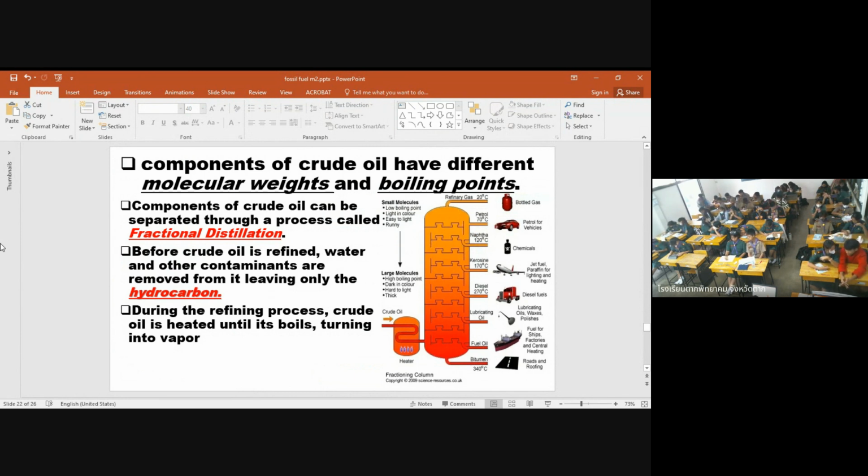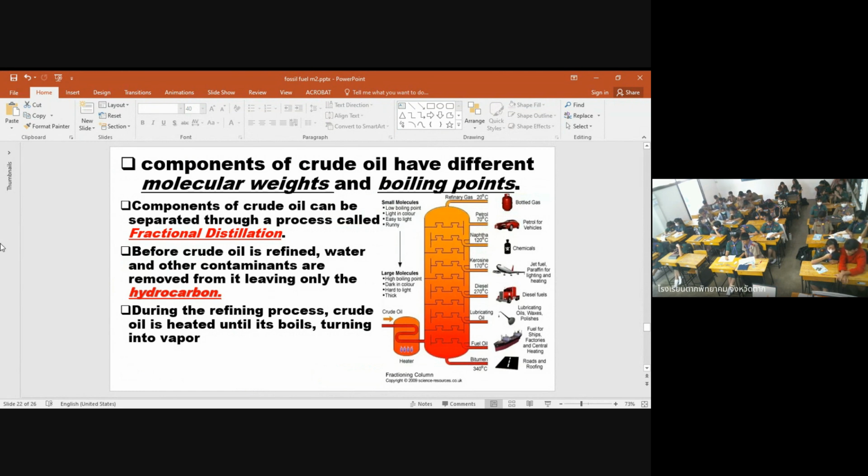So for refinery gas, we have your 20 degrees Celsius. And petrol, we have your 70 degrees Celsius. Your naphtha, 120 degrees Celsius. Your kerosene is 170 degrees Celsius.